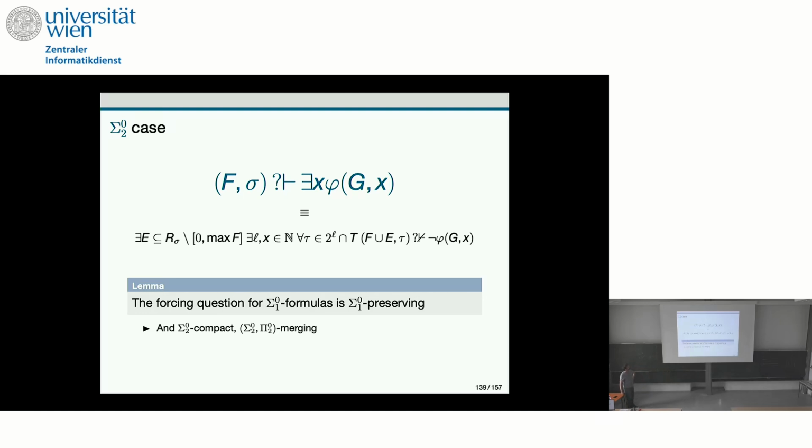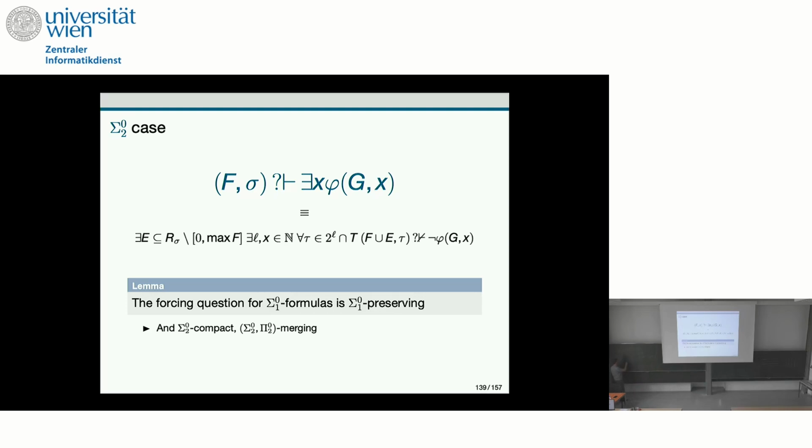You can check that this actually satisfies the specification of a forcing question for sigma 02 formulas, in the sense that if the answer is yes, it means that you can extend E, so you can make F union E, and among the taus which are at level L, there must be one tau which is extensible. So you take this tau, and then you take T to be the restriction of the tree below tau.